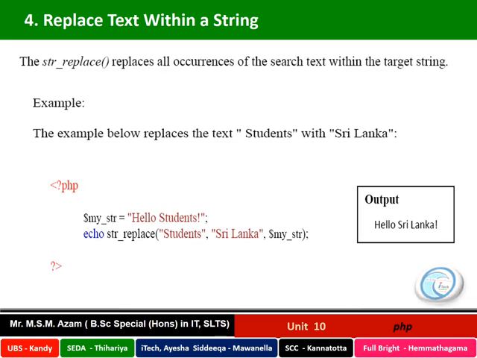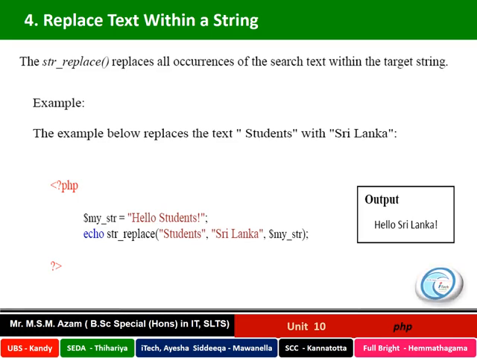See the example. I have declared a variable called my_str, and value given to that variable is a string type value, that is hello students. Here I would like to replace the word students with Sri Lanka.